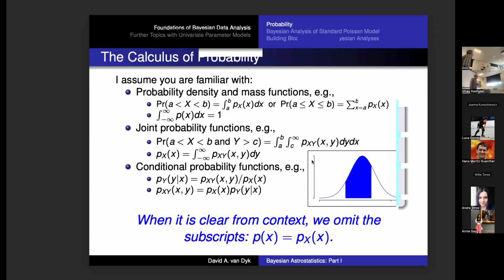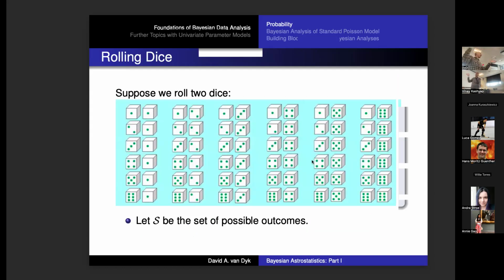Okay, so the calculus of probability is based on these things called density functions, or PDFs, probability density functions. This is just a simplification of a way to keep track of probabilities, right? Because for the probability function, I have to enumerate all possible events.